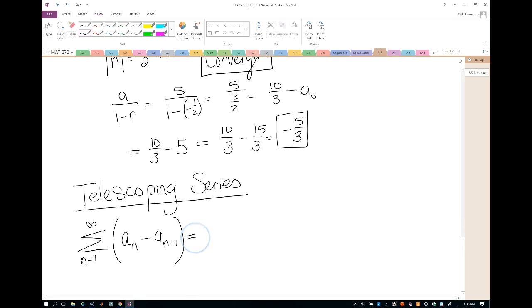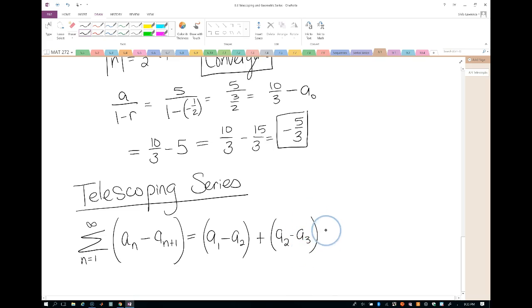And I'll show you some actual examples of what this looks like. But if we generate some terms here, I'll show you the special thing about the telescoping series. If we plug in n equals 1, I get a sub 1 minus a sub 2. If I plug in n equals 2, I get a sub 2 minus a sub 3.